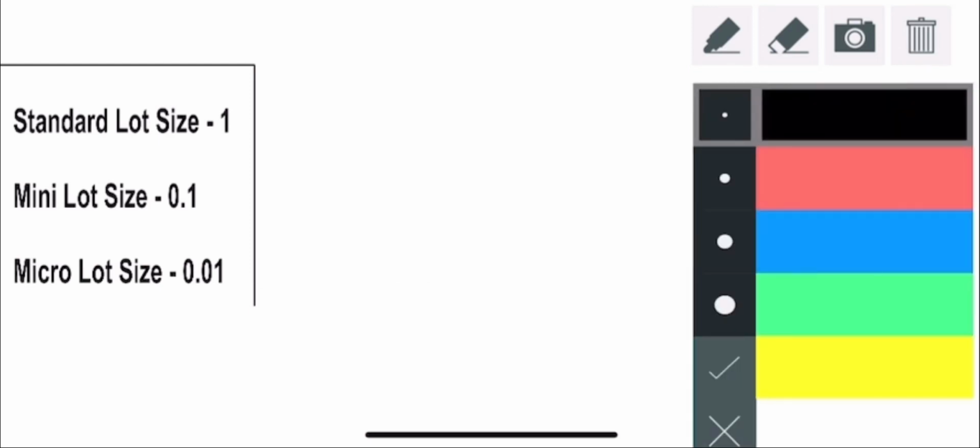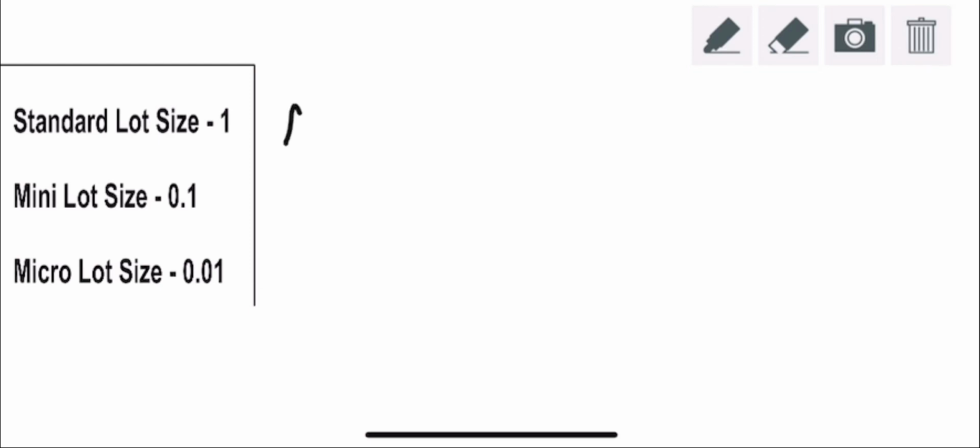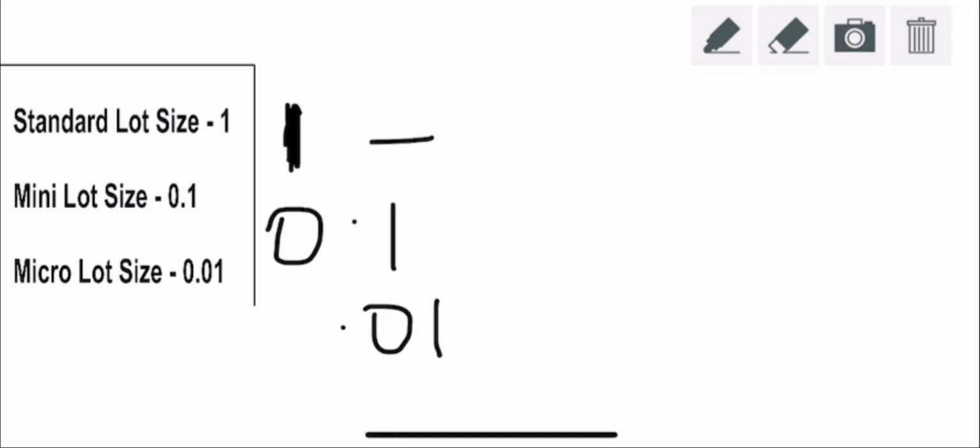So we have the standard unit, as you can see here, which is 1. The standard unit is 1. We have the mini lot size, which is 0.1, and then we have the micro, which is 0.01. So these are the standard. By standard, what we mean is that you can actually still buy or sell a particular commodity using 0.03.